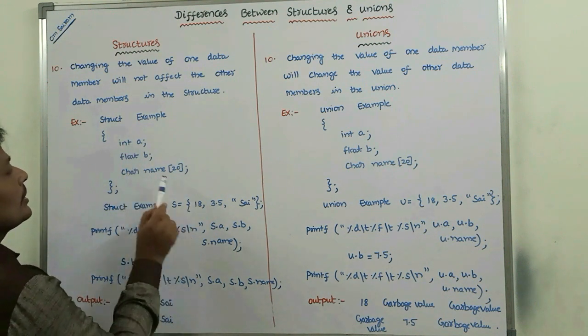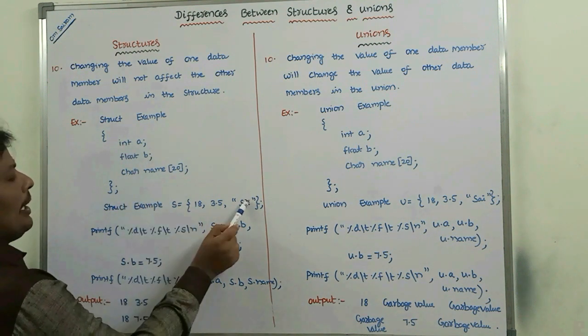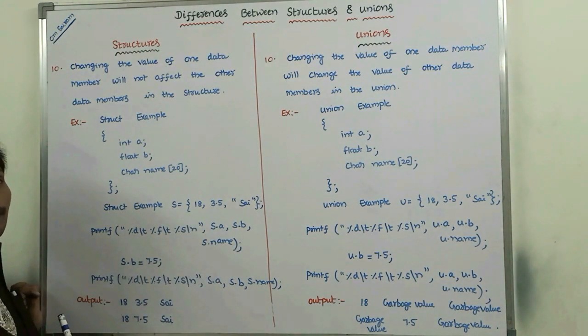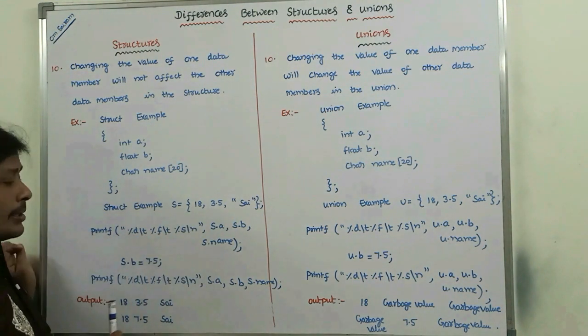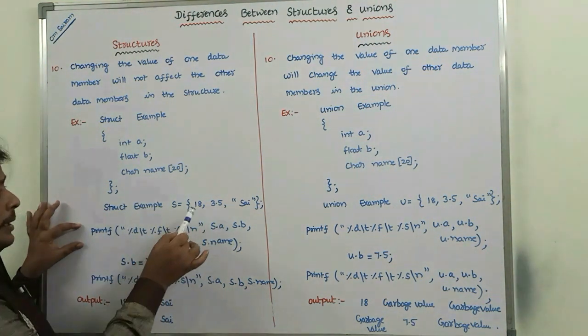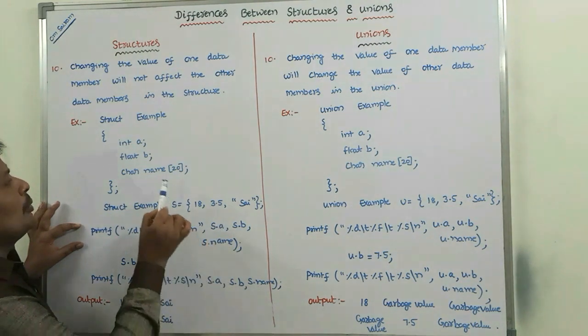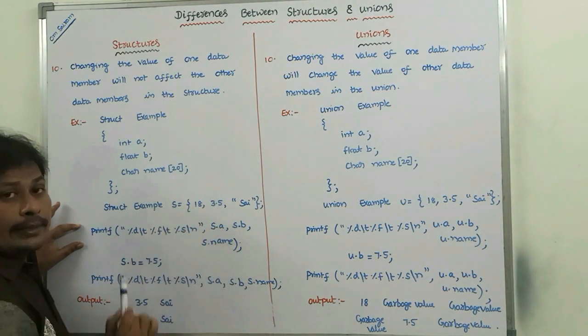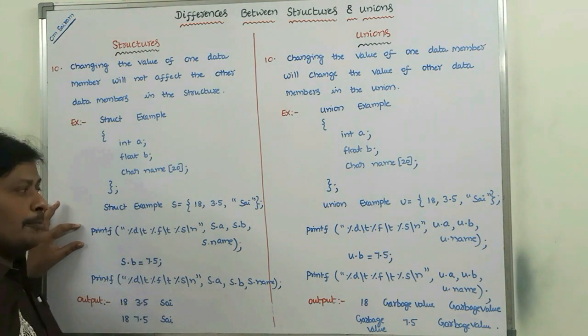18, 3.5, psi. Now we are printing those values by using the dot operator and the structure variable. When we are printing, the s dot a value is 18, that is printed. S dot b value is 3.5, that is printed.